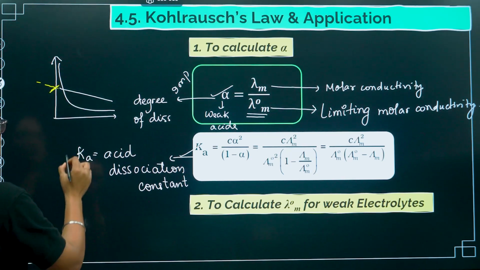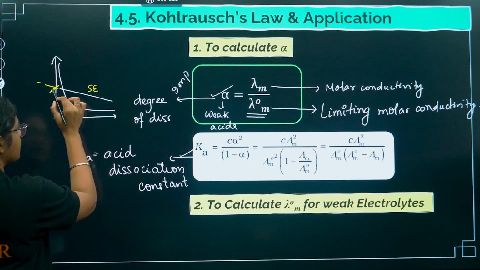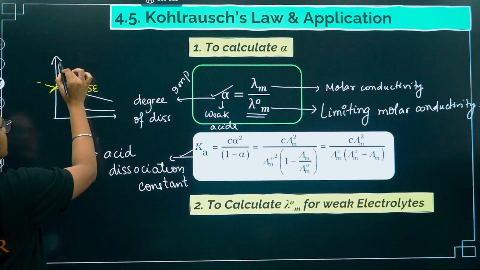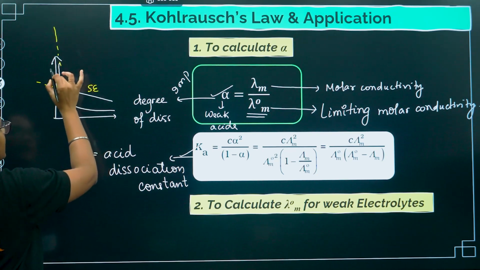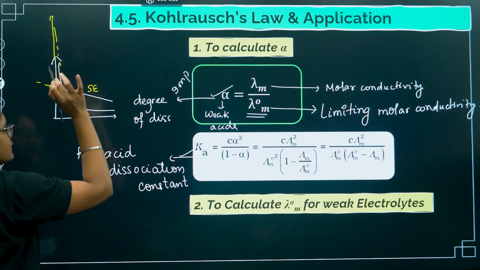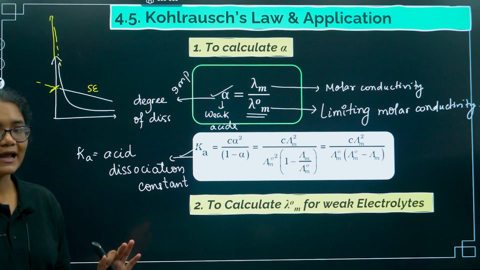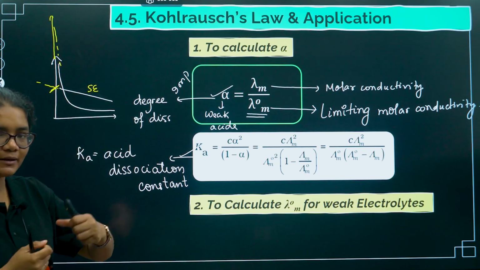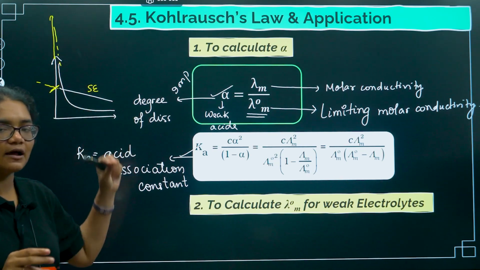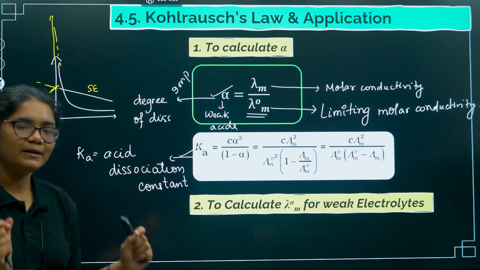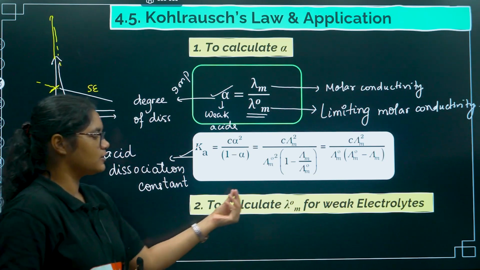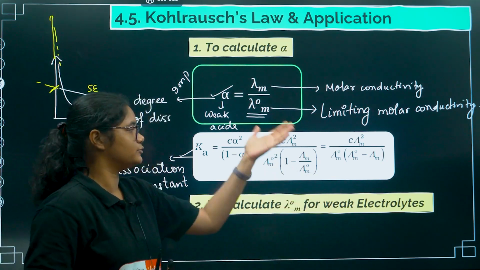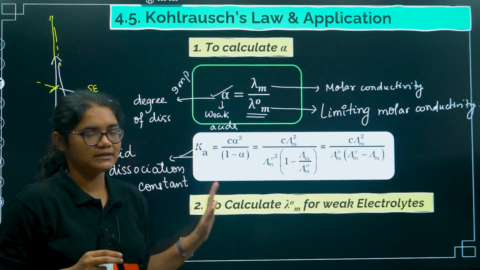But for weak electrolyte, even though we extend it, we can never reach this line. So for weak electrolyte, we cannot calculate the limiting molar conductivity by extrapolation. The only method available for calculating lambda naught m for weak electrolyte is using Kohlrausch's law. How? That we will see with an example.